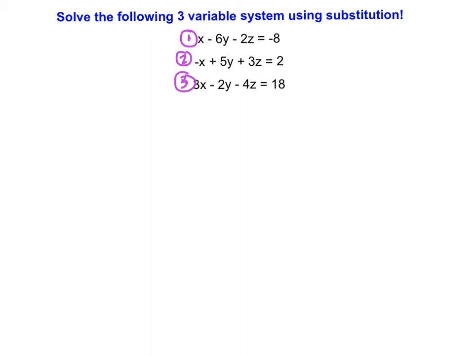And what I notice is in equation 1, I can get x alone pretty easily if I just add 6y and add 2z to each side. So that's what I'm going to do. I can get x alone and say x is equal to negative 8 plus 6y plus 2z. So just like with 2 variable systems, we get that single variable alone.